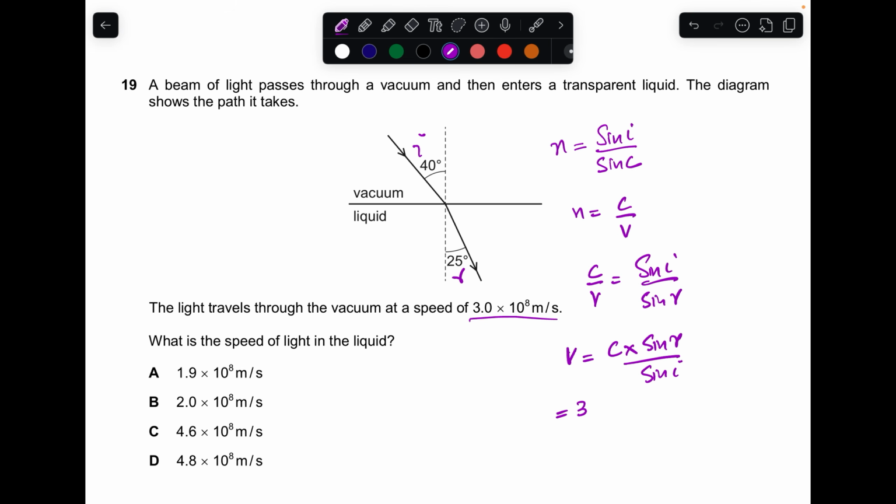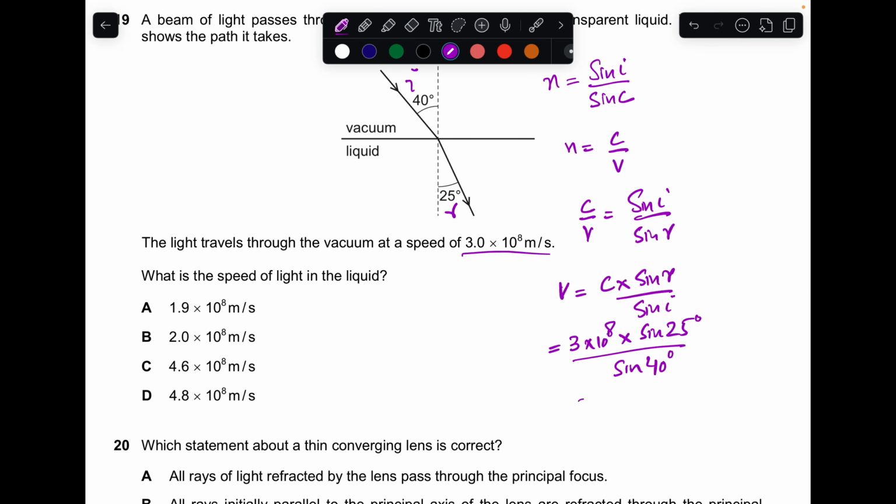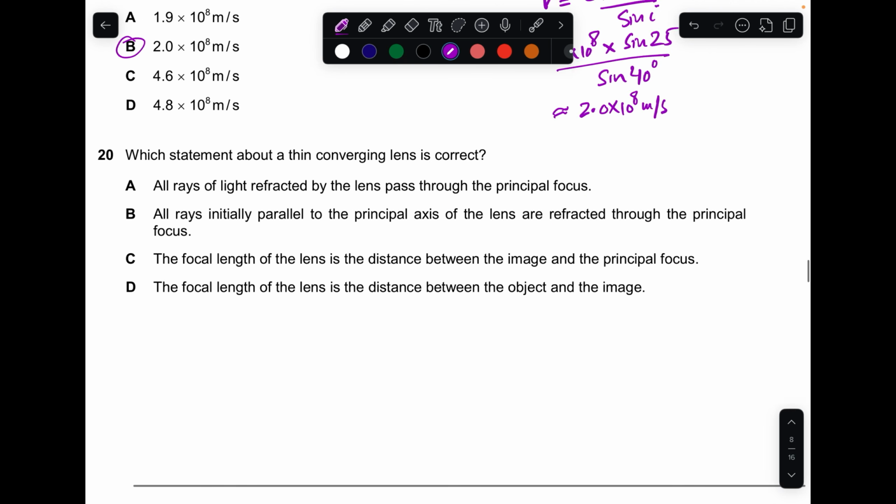So c is 3 into 10 raised to power 8, r is 25 and i is 40. Okay, before calculating, make sure your calculator is in degree mode. Okay, and you will get the answer 2.0 × 10 raised to power 8 meters per second. Okay, that's option B.